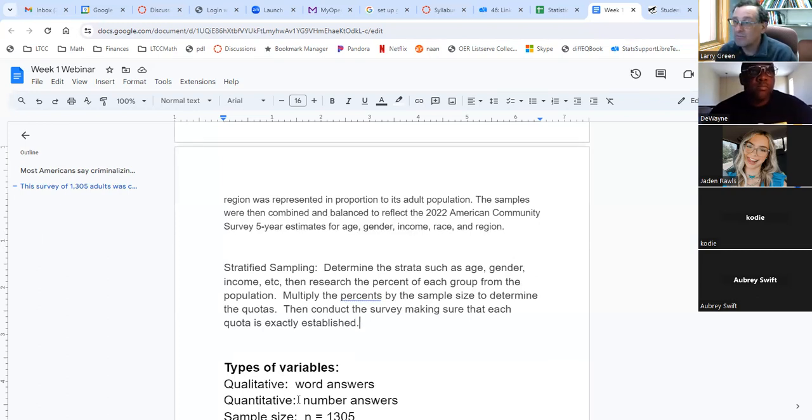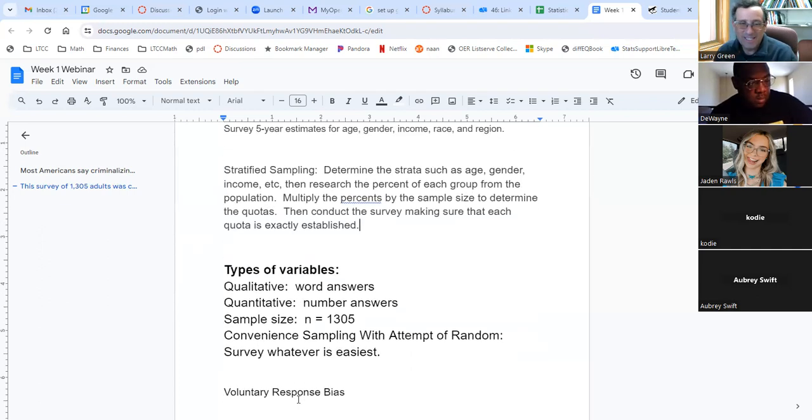The variable of color, unless you're a physicist, is qualitative. Sample size: we always use the letter N for sample size. N stands for number, by the way. So N was 1305.